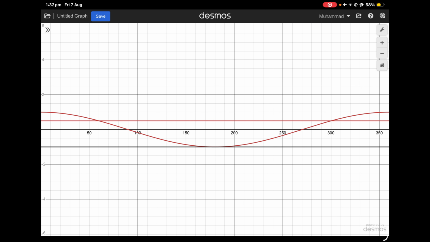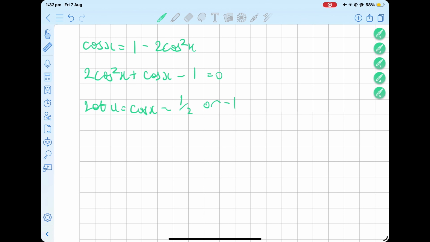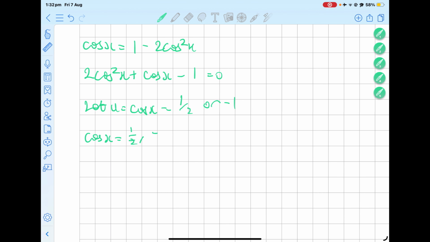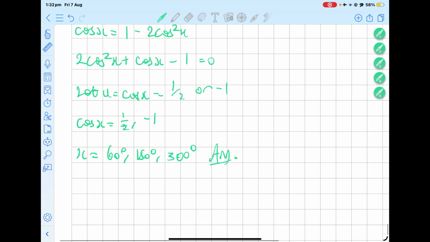So what are the solutions? So we have 300, 60 and 180. Write that down. So cos x equals half, comma, minus 1. So x is 60, 180 and 300. Those are the answers.